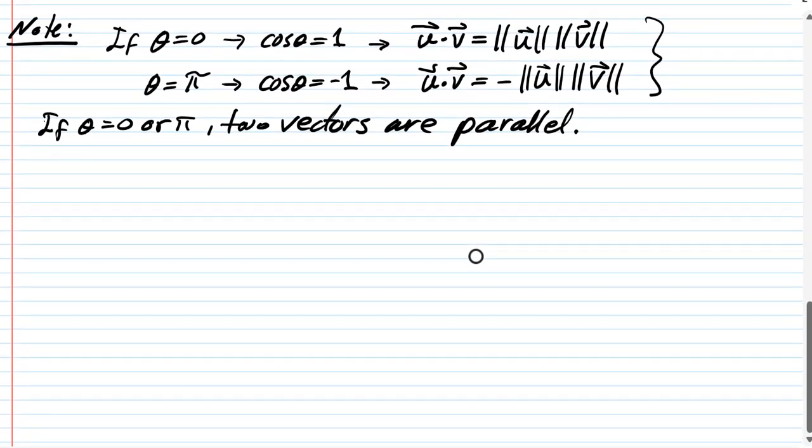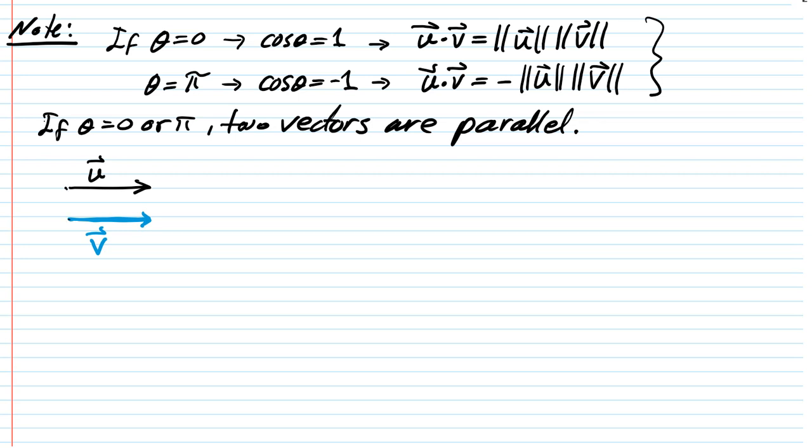Let me show you different ways they can be parallel. For instance, let's say this is vector u. And then another vector parallel to that is going to be this one, call this one v and the other one is u. So those are parallel. Clearly, that's just like parallel lines. In this case, they do not form an angle, in fact.